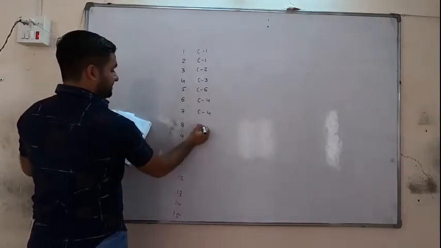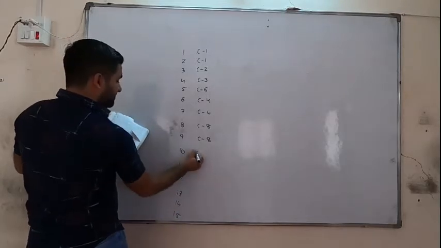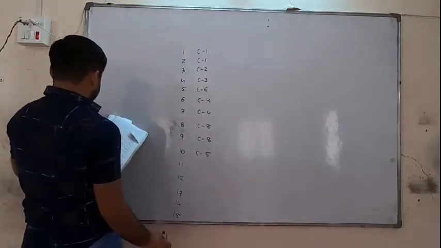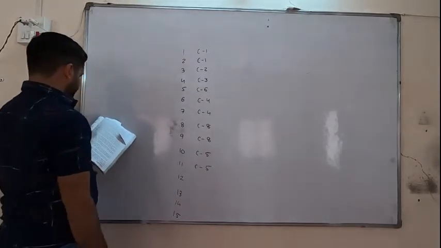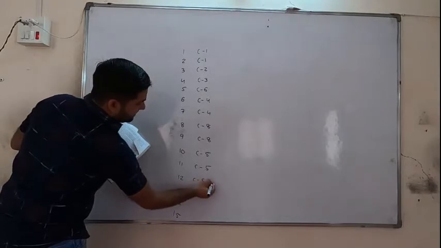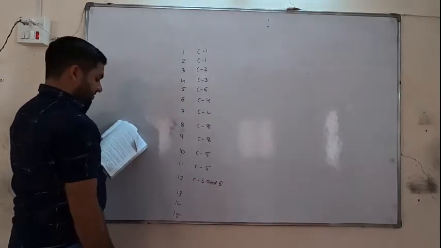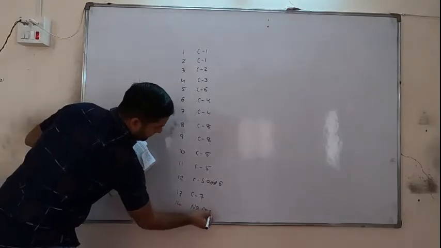Then 8th and 9th are of case 8. 10th sum is of case 5. 11th sum is also for case 5. 12th sum is of 5 and 6 both. 13th sum is of case 7, and the rest have no case.